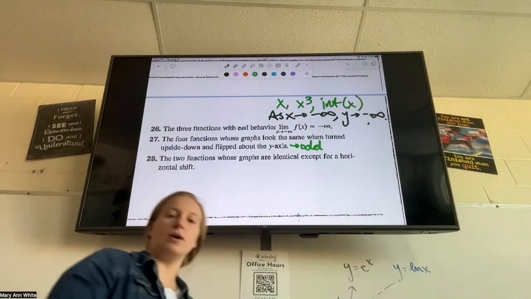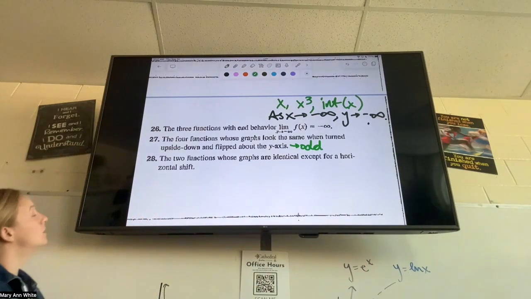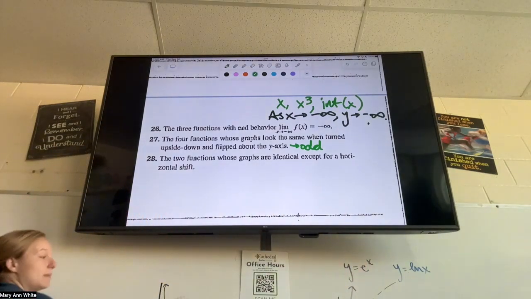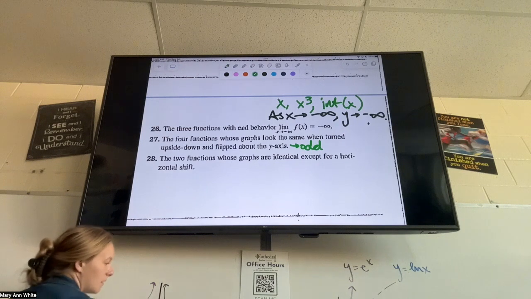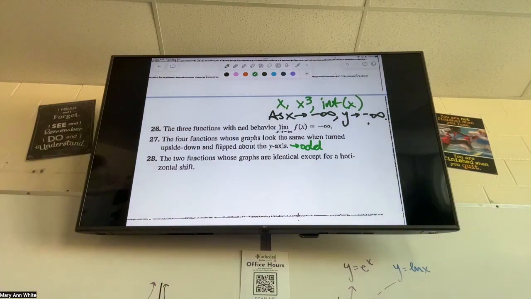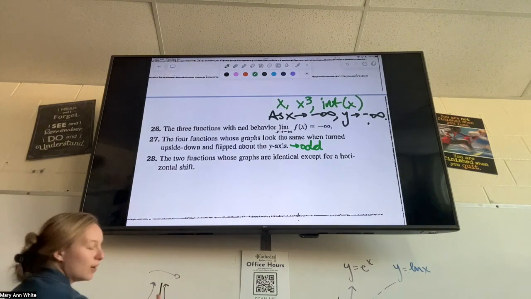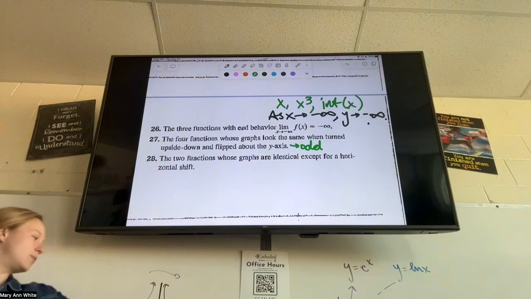What does it say? Flip it, turned upside down. So if it's turned upside down, then it's flipped this way. And then it's flipped about the y-axis, so I flip it over here. This would flip into the black one that's already there, and this one would flip into this black one that's already there.